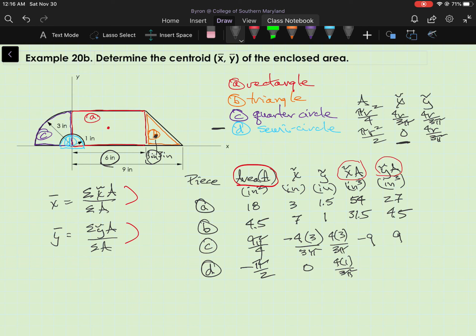Okay. X tilde A, negative pi over 2 times x tilde. So x tilde is 0, area is negative pi over 2, so that's 0. And then y tilde times negative pi over 2 works out to be negative 2/3.